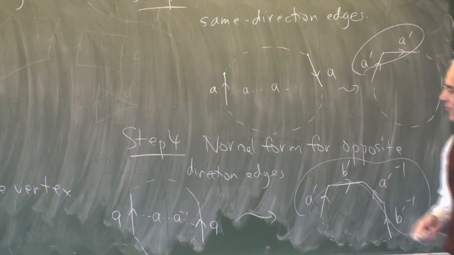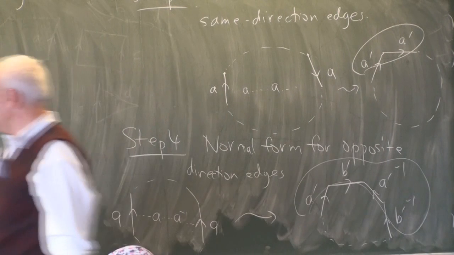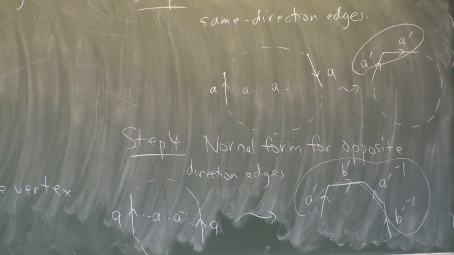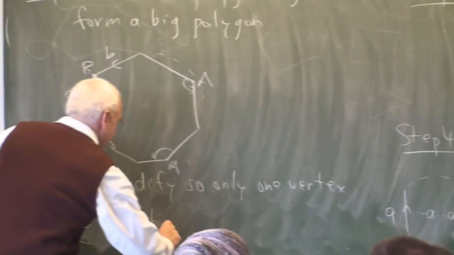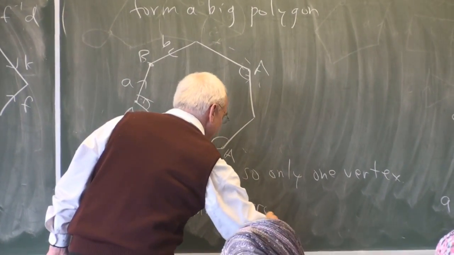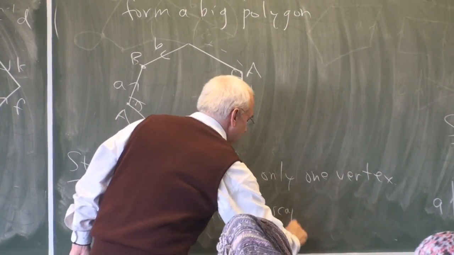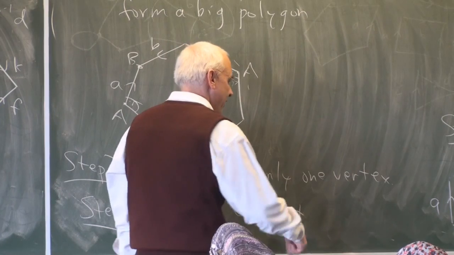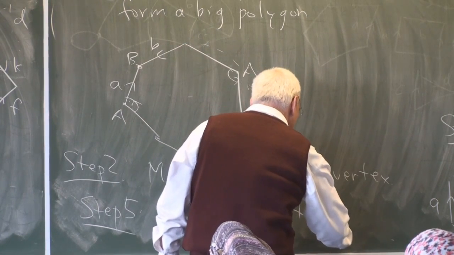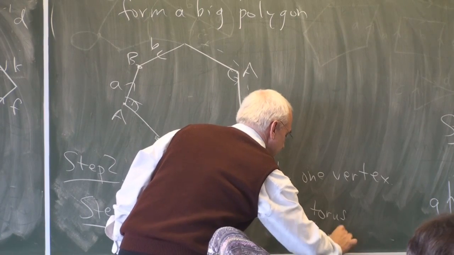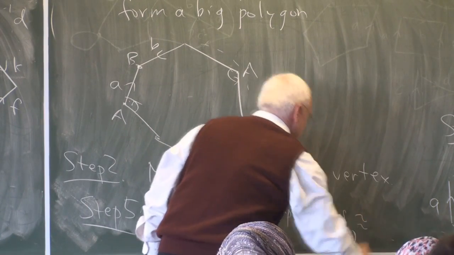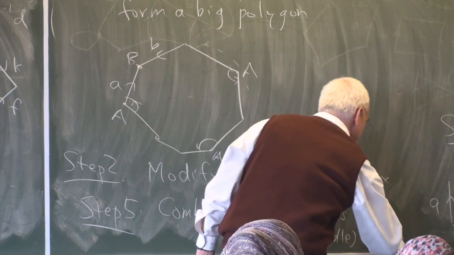Okay. And then there's a fifth step, step 5, which is kind of a trick, which allows us to combine a cross-cap plus a torus, sometimes called a handle, to 3 cross-caps.